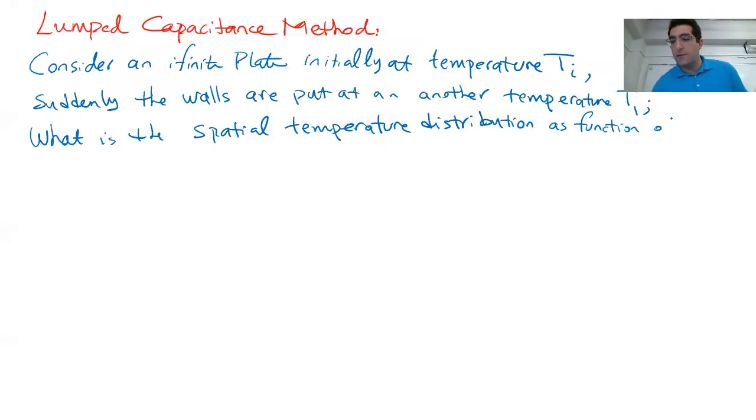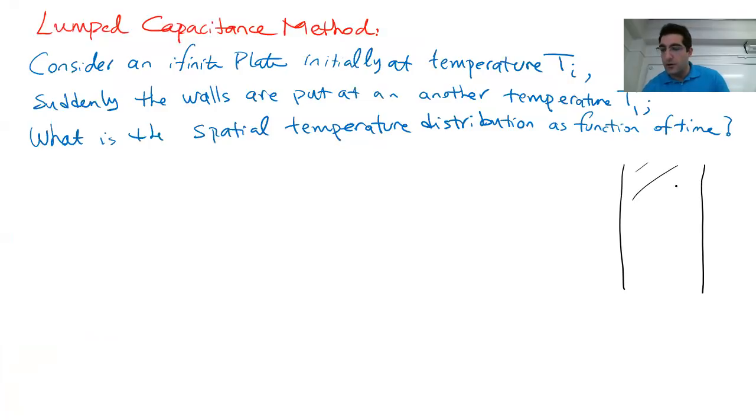The spatial means based on location, basically. So we have a wall that initially is at temperature Ti. This is the x direction. Let's assume the thickness of this wall is 2L. So 2L is the thickness of the wall.